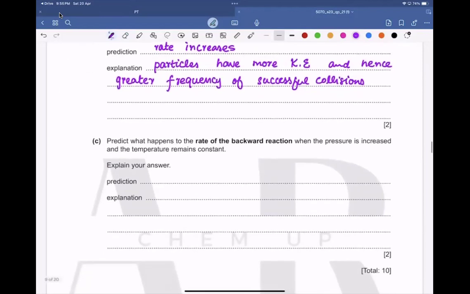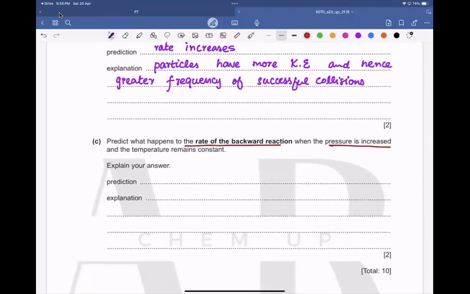Okay. Now, predict what happens to the rate of reaction when the pressure is increased and the temperature remains constant. So we know when the pressure is increased, what happens to the rate? It increases. Very good.